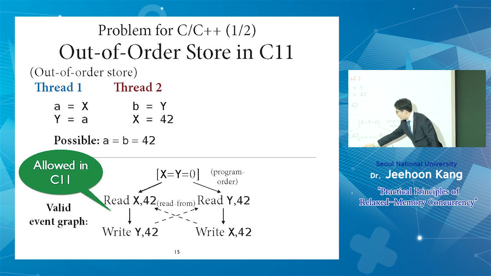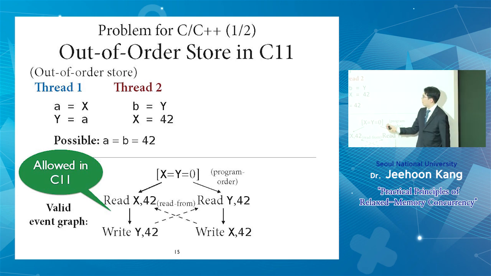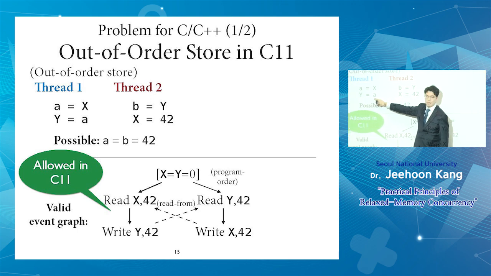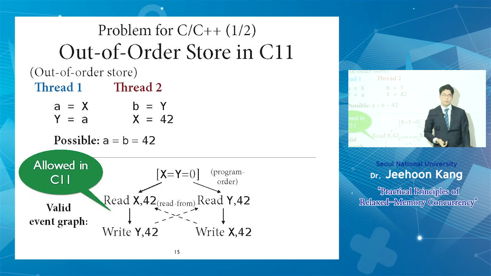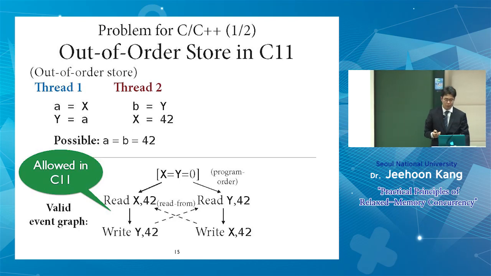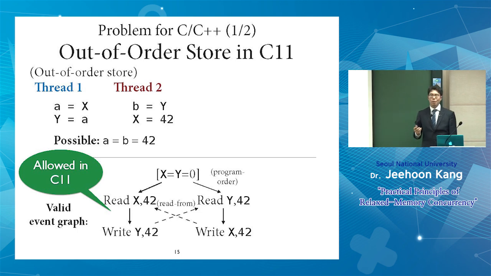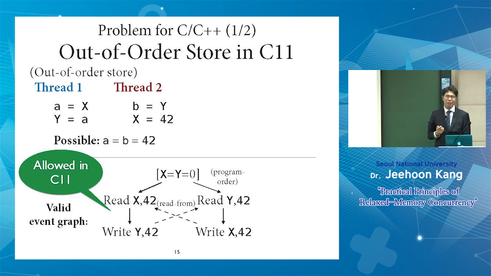Furthermore, this dotted edge means that this load instruction reads from this write instruction. Similarly, this load instruction reads from this store instruction. This is valid in the sense that it satisfies all the axioms required by the C11 model. So far, so good. It is justifying its behavior in C11, which is okay.